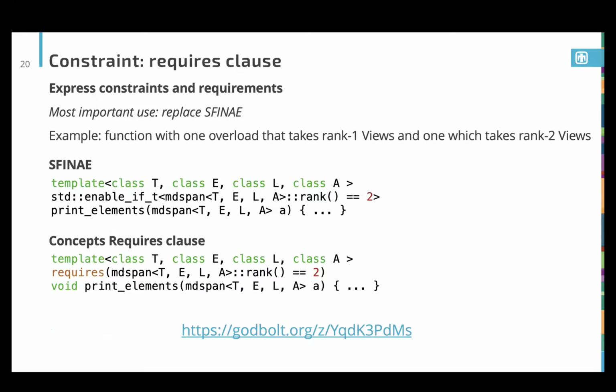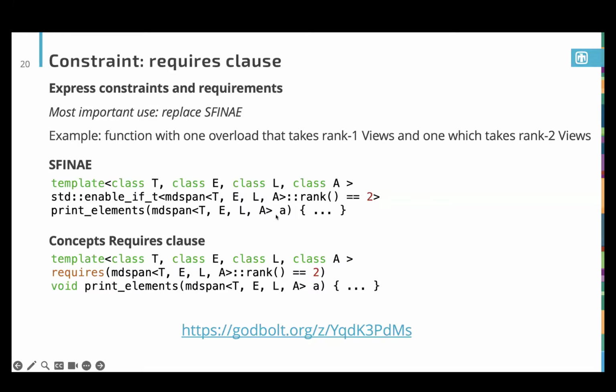So here's a simple example. I want this function print_elements, and you want one overload for rank 1 views or mdspans and one for rank 2. Before that, you would have essentially done something like the SFINAE thing here, std::enable_if, using that mdspan condition, that the rank is true.